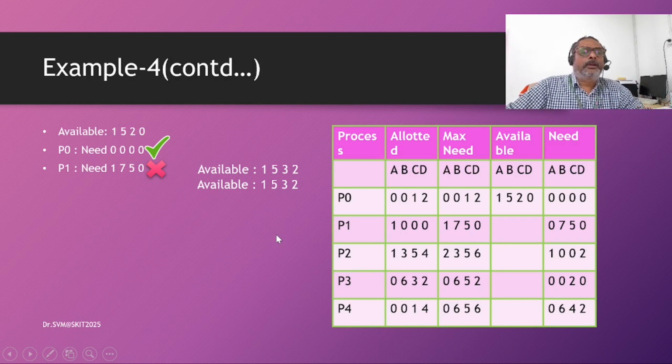Now let us check for P2. What P2 requires is 1002. P2 requirement is 1002, and 1 unit of A is available, 2 units of D is available.